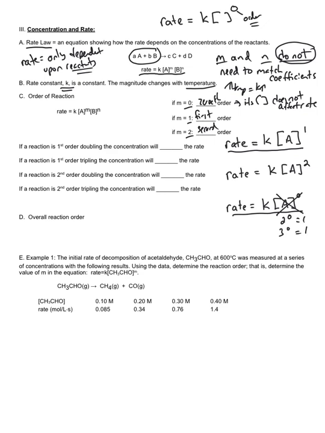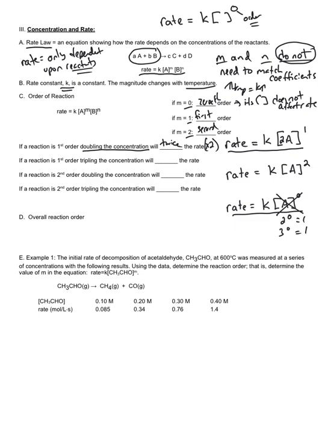Now, if I were to double the concentration of the substance, if I were to replace this and make it 2A, 2 to the first becomes 2A times K, I would end up getting a value that is 2K, or twice as big. So when I double the concentration, the rate of the reaction is increased by a factor of 2, or it's twice as fast.